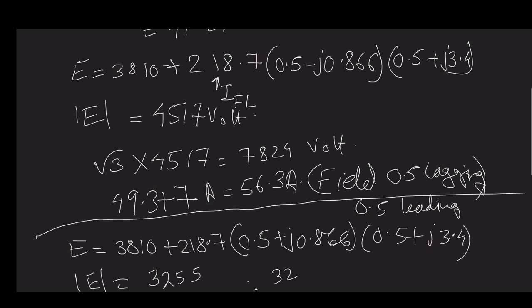So 3255 into root 3 becomes how much? 5638 volt.